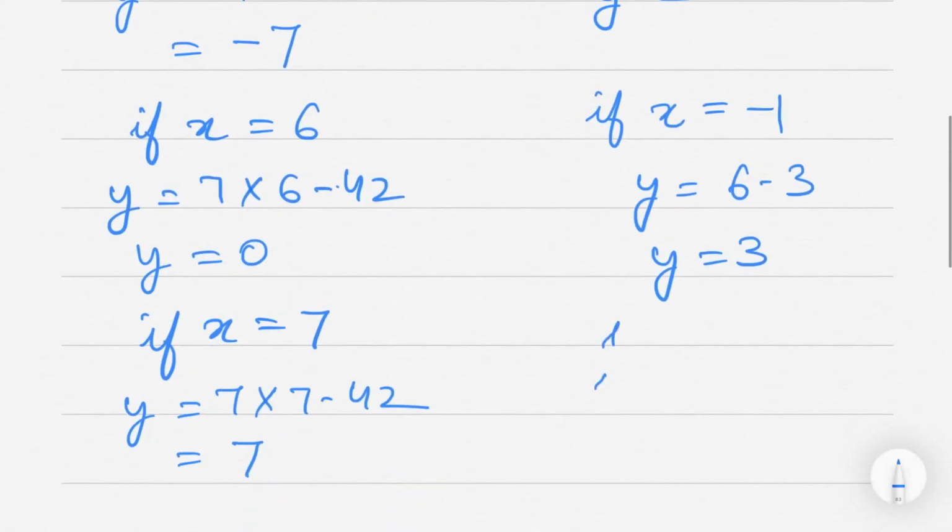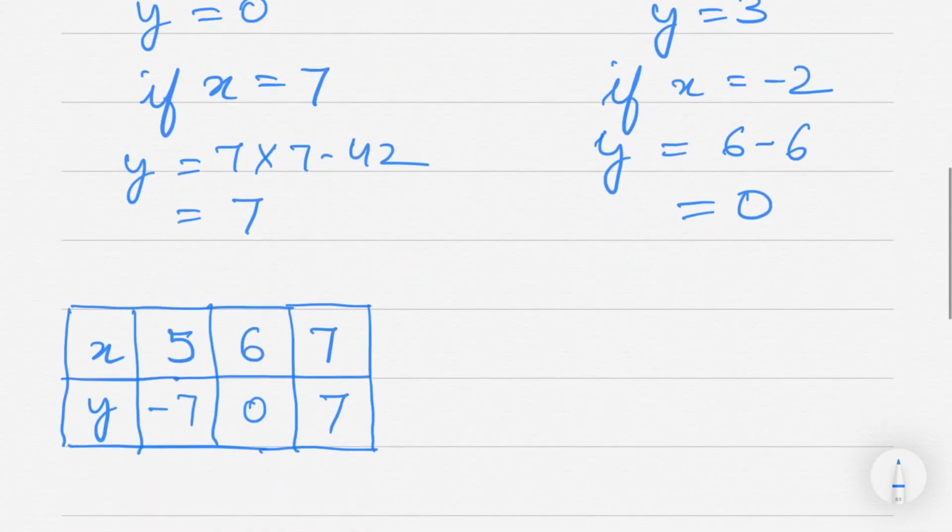If I take x is equal to minus 2, then my y would be equal to 6 minus 6, so it will be equal to 0. So here also I have got all three values. Let me put it into table form.